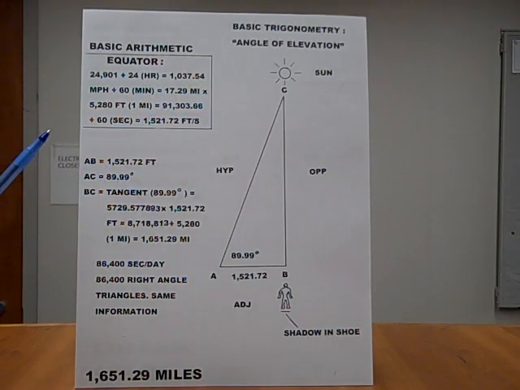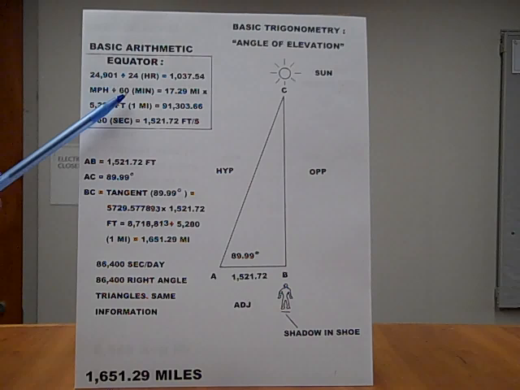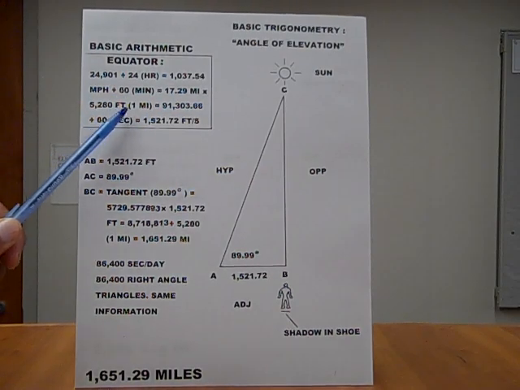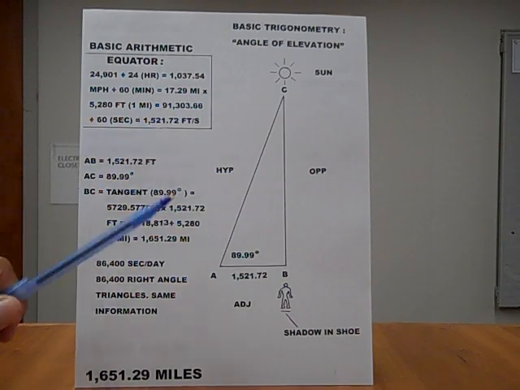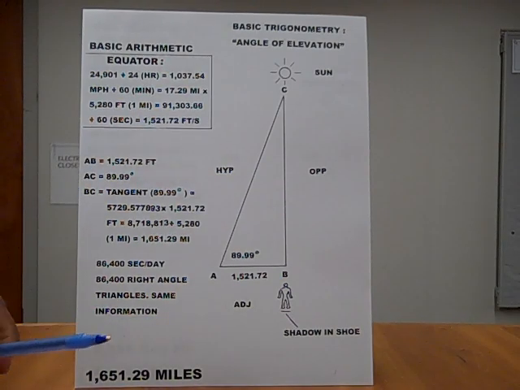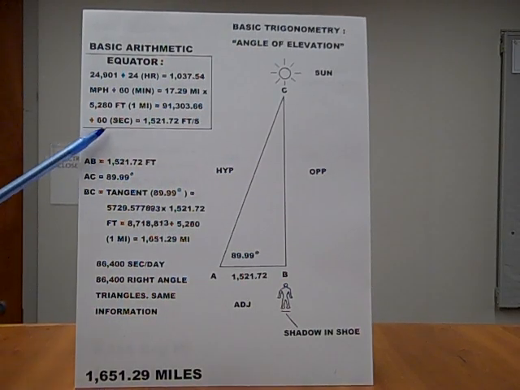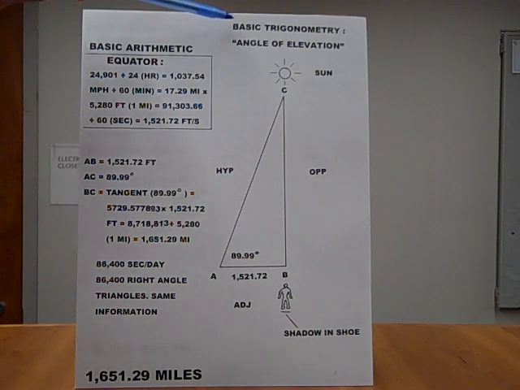Since 17.29 miles cannot be divided by 60, it is multiplied by 5,280 feet, which is 1 mile, which equals 91,303.66 feet, divided by 60 seconds, which equals 1,521.72 feet per second. Now, we go over to basic trigonometry.